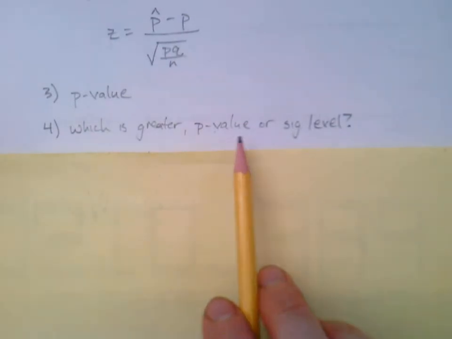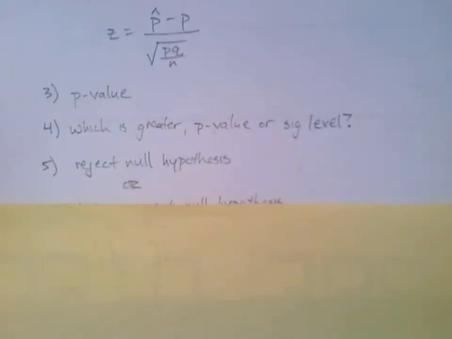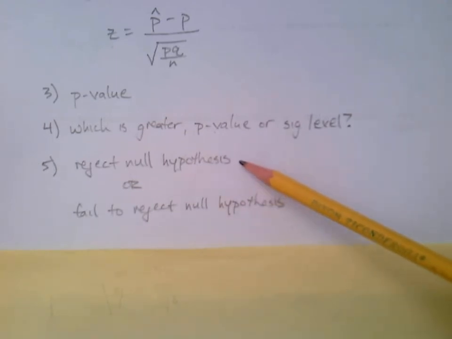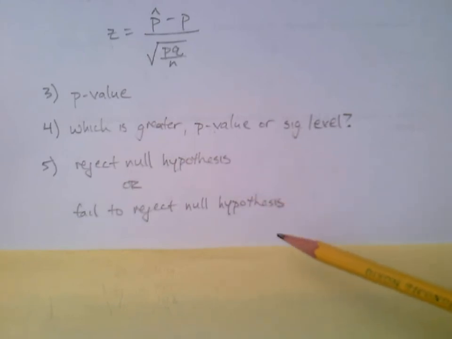Okay, depending on which one of these is greater, we will know how to make the decision, as it's referred to. The decision is either to reject the null hypothesis or fail to reject the null hypothesis. Do we have enough evidence that the null hypothesis is false, most likely false, I should say, or do we not have enough evidence? Maybe we have some evidence, but we do not have enough evidence.